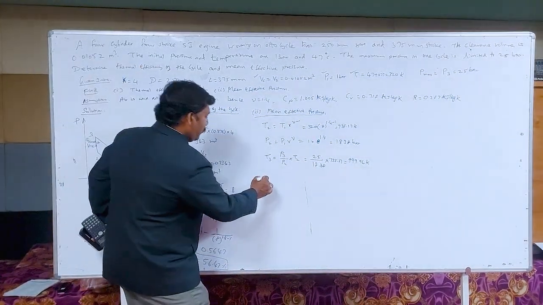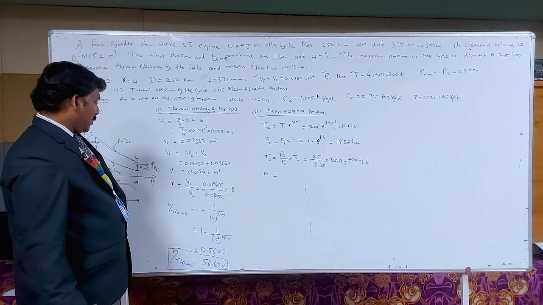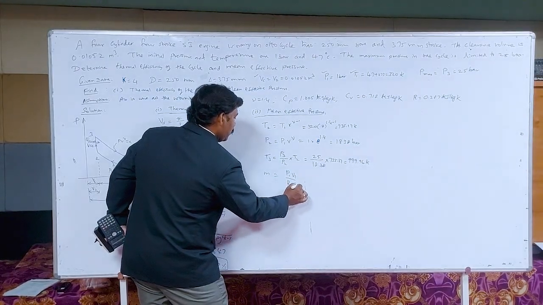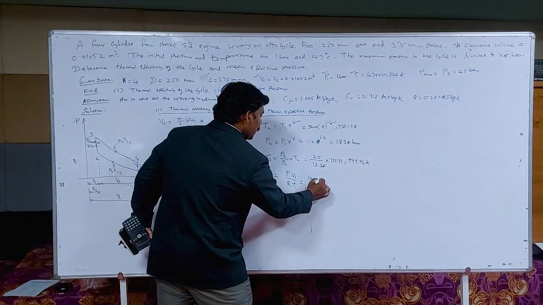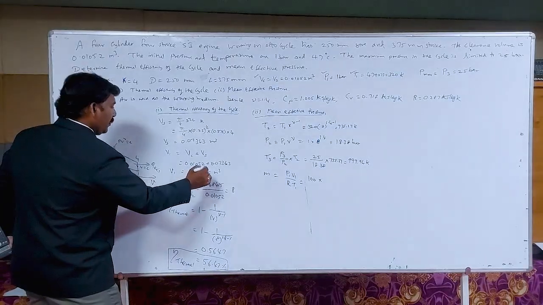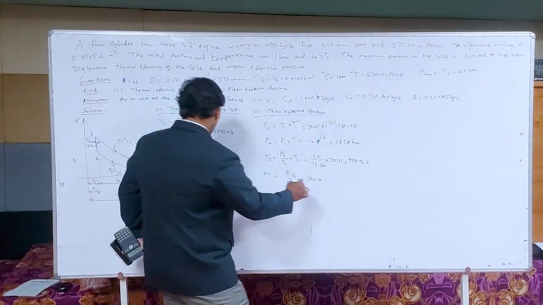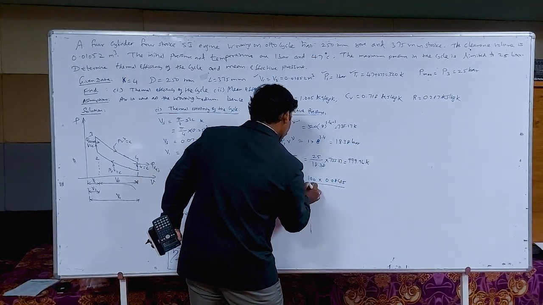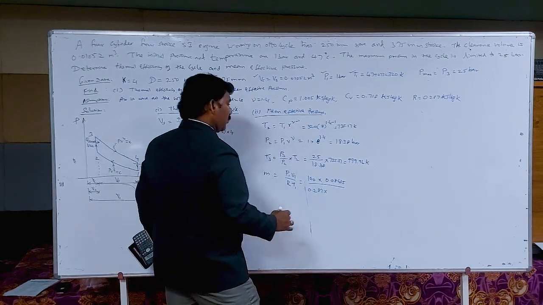Then we have to find out the mass of air handled per cycle. So m is equal to P1 V1 by R T1. P1 is 1 bar, which I can write as 100 kilopascal, into the initial volume which we found as 0.08415 meter cube, divided by R, the gas constant, which is 0.287 kilojoule per kilogram Kelvin.